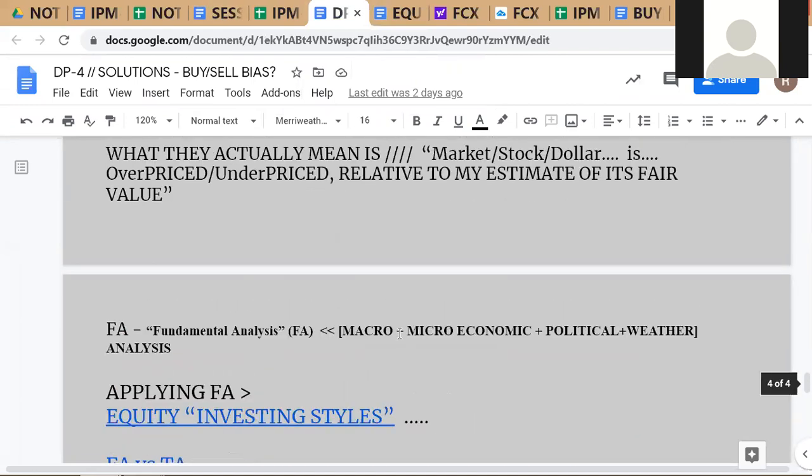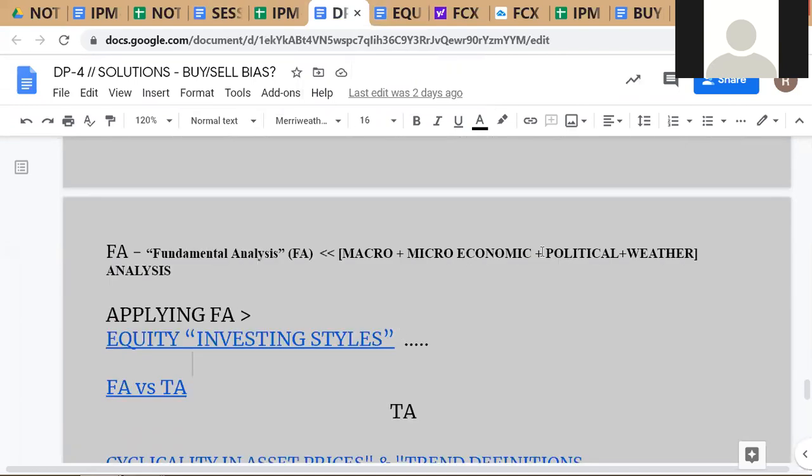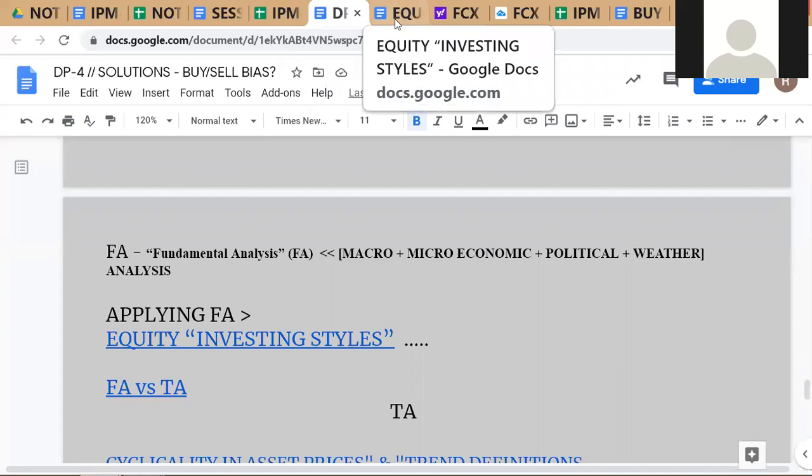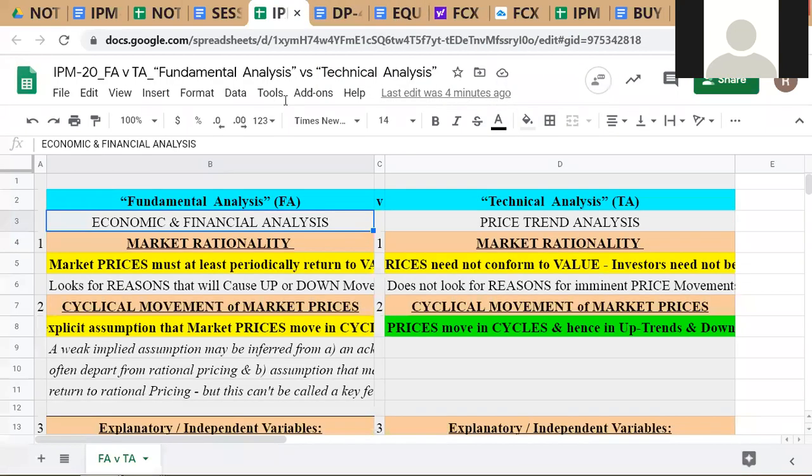Yeah, so microeconomic analysis, political analysis, weather analysis, like you'll be doing a project in IFM where you'll have to manage risk in oil prices. So you'll have to trade in oil, which means that you have to start looking at what's happening to the weather. We discussed this already. So all that is fundamental analysis. And here we assume that market prices must eventually return.